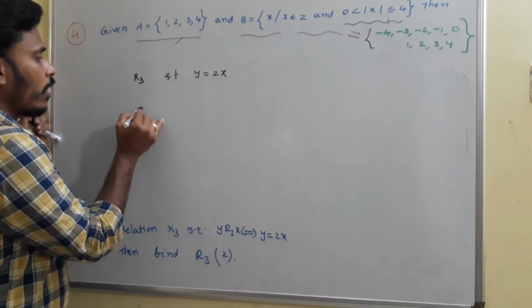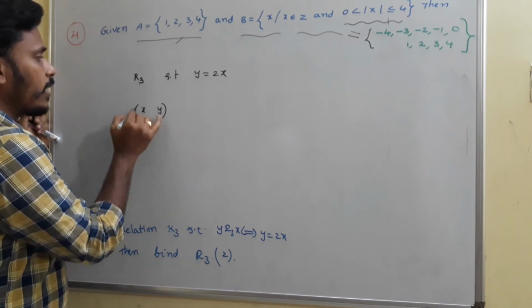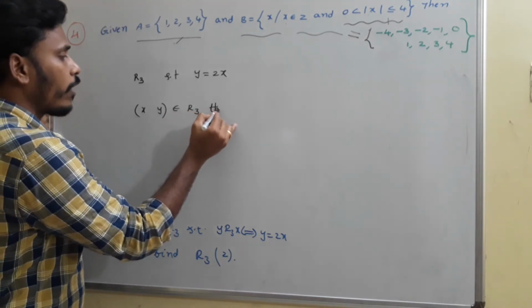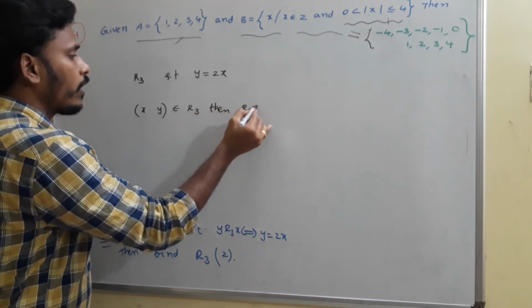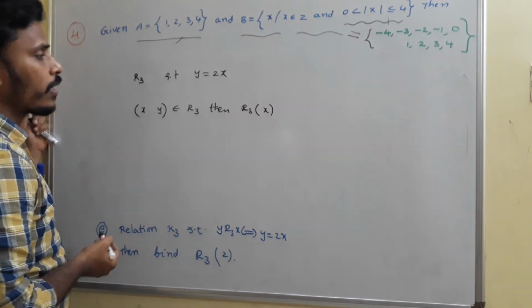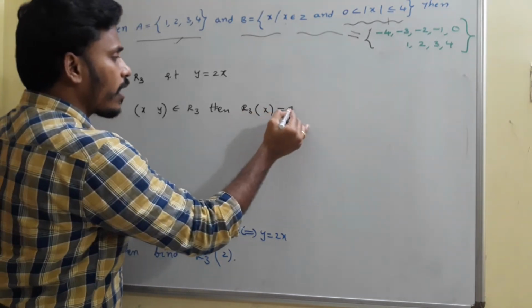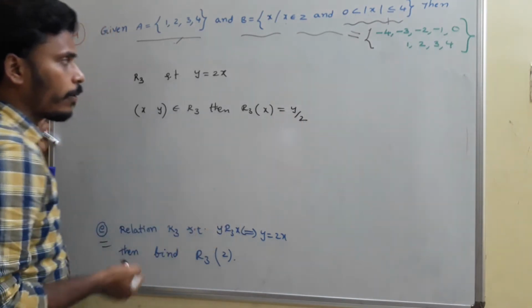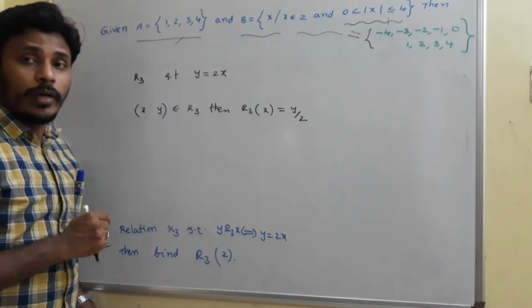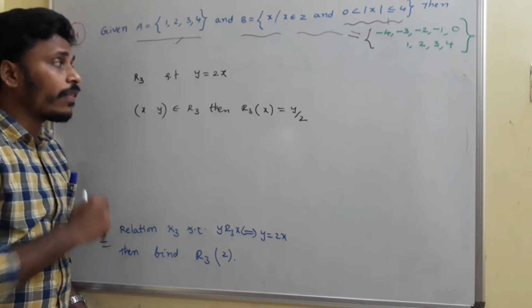For suppose if x comma y is an ordered pair in the relation R3, then for sure R3 of x is just, we just connect it to y by 2, is it right? Because y is equals to 2x. Since y is equals to 2x, what is the ordered pair in the relation?